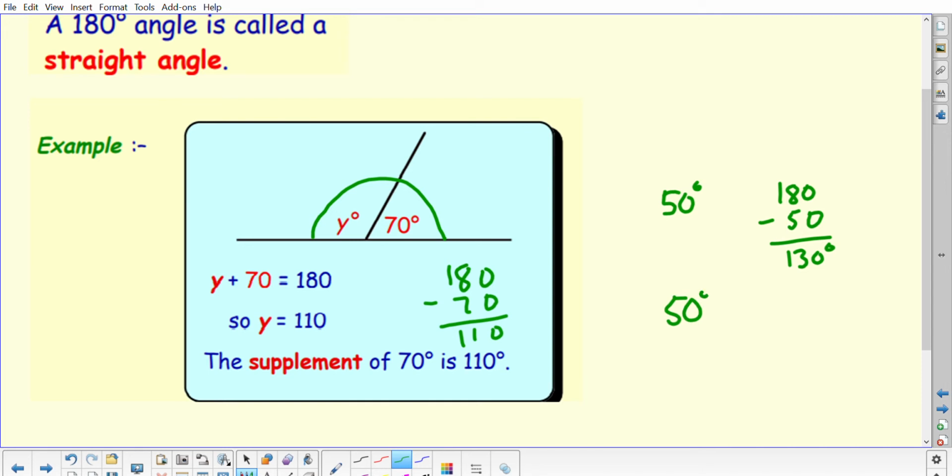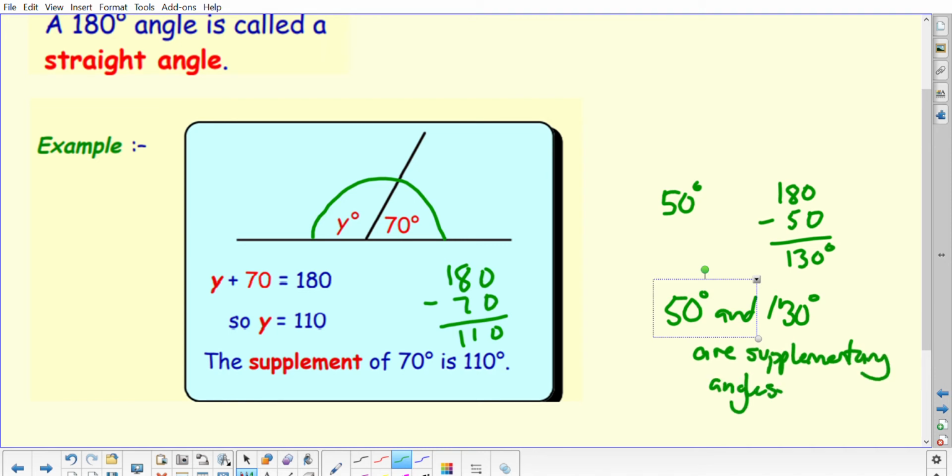So 50 degrees and 130 degrees are supplementary angles because they add together to make 180 degrees.